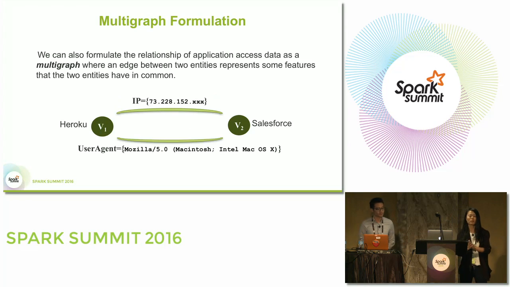At the same time, we can encode co-access patterns as parallel edges on the multigraph. That is, for example, two business entities, Heroku and Salesforce here, are seeing endpoints using the same feature or same signature and connecting both of them. And here we're using an IP and a user agent string as an example.